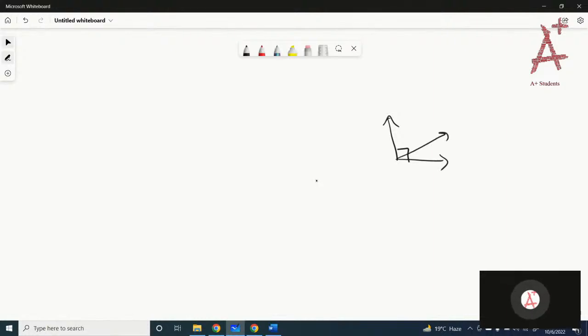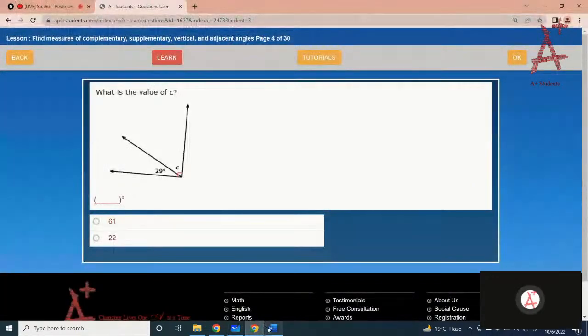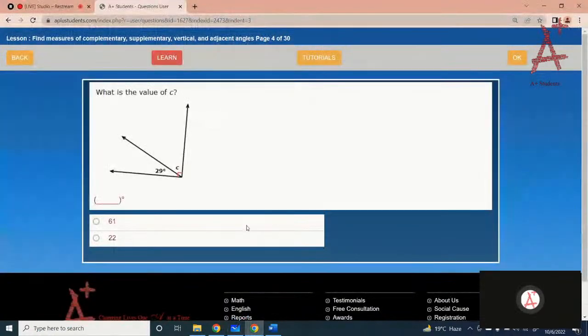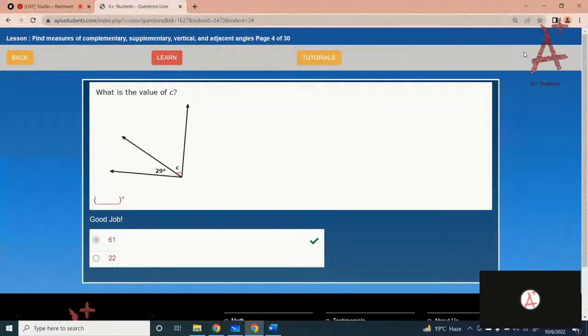And one of them is 29 degrees. You need to find the other one. You need to find the measure of this angle. Got it? So the complete angle is 90 degrees. So the one you have to find, you have to do 90 minus 29. So it would be 61 degrees. Got it? Yes, very good. It would be 61 degrees. So select the correct option and click on the OK button.